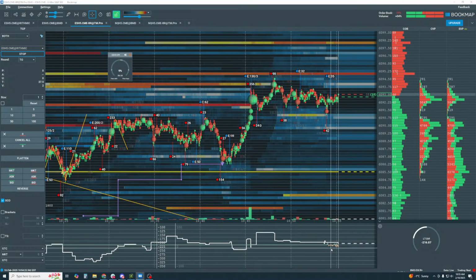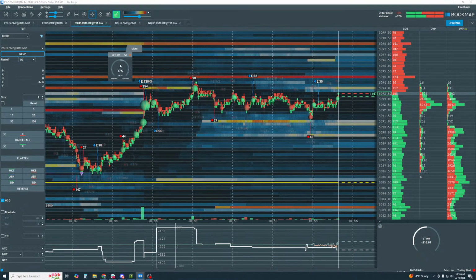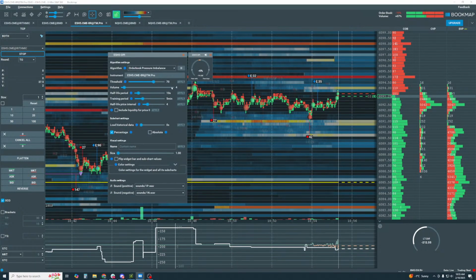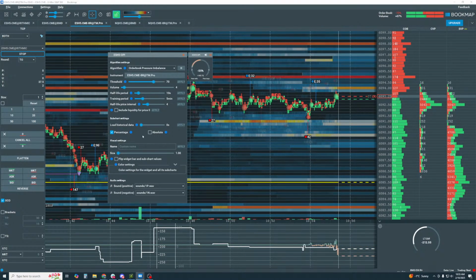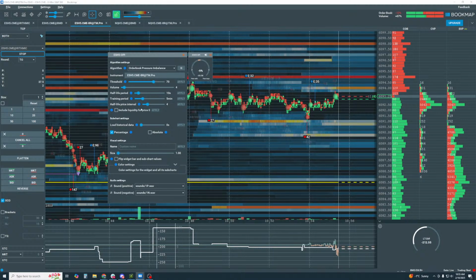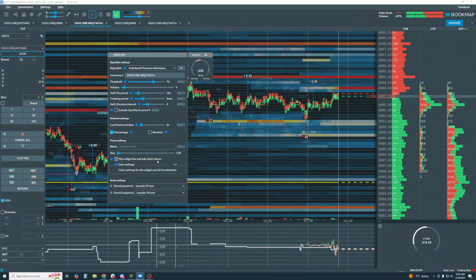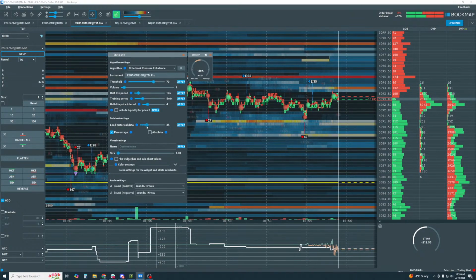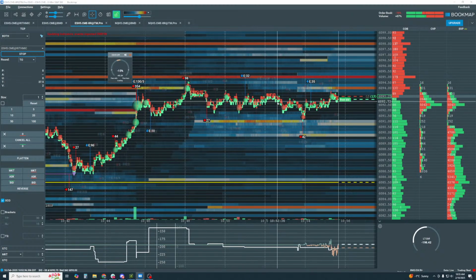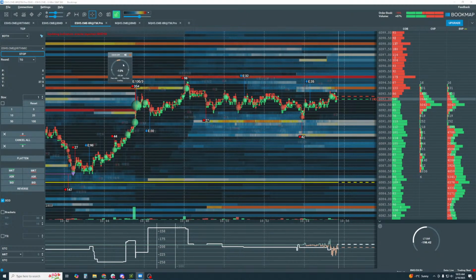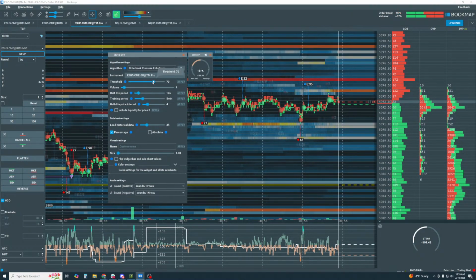Let's show it also here in the subchart, and we can take advantage of this. Let me right click on it and go back to settings. It's showing in the subchart, but I want to add some more historical data in. In settings again, you can see I have a threshold of 70%.